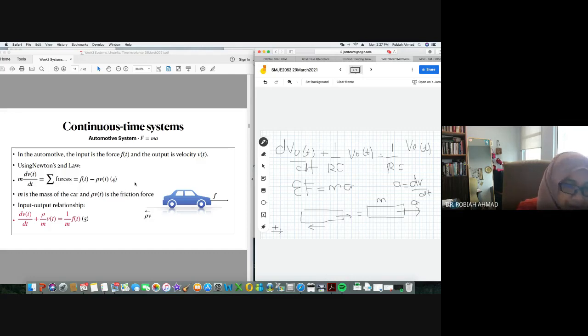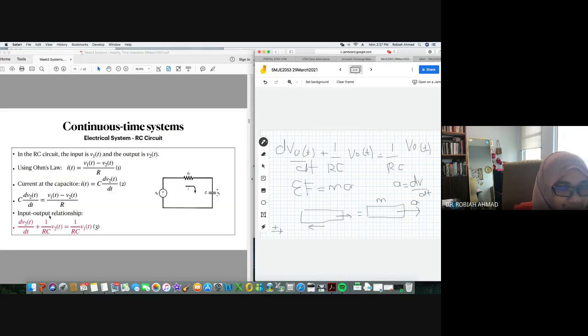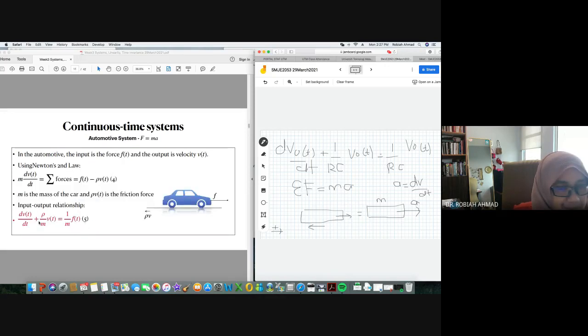We rewrite the equation: dv(t)/dt plus rho over m v(t) equals 1 over m F(t). We simplified this into the differential equation. This is equation 5. Previously, we had equation 3, the input and output relationship for the RC circuit, and this is the input and output relationship of the car.